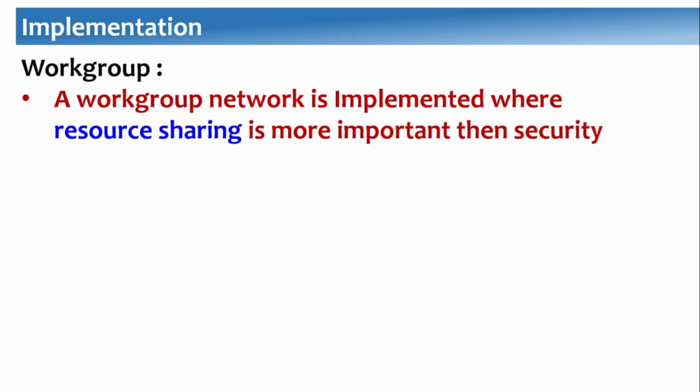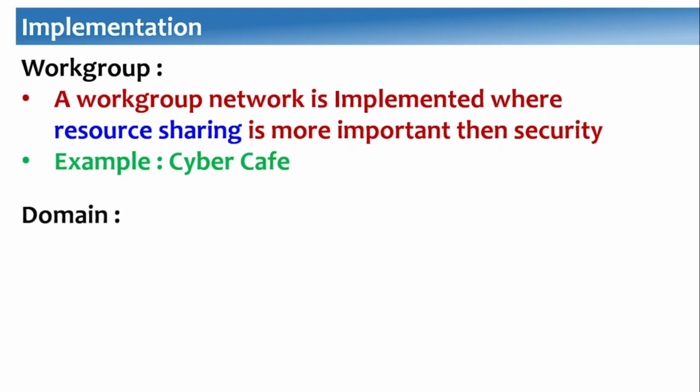Resource sharing is in every network, but we should implement a workgroup network where resource sharing has higher precedence over security. For example, a cyber cafe. We are not at all bothered about security in a cyber cafe. If any virus comes in, we will simply format all the machines and reconfigure them, because we are least bothered about security there.